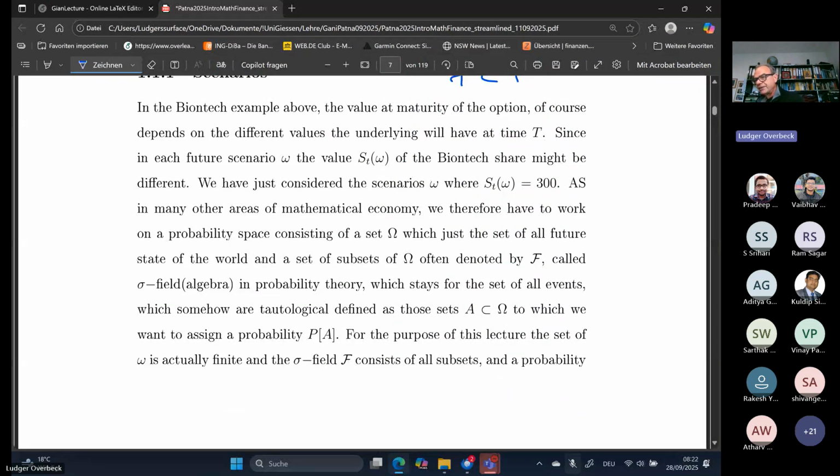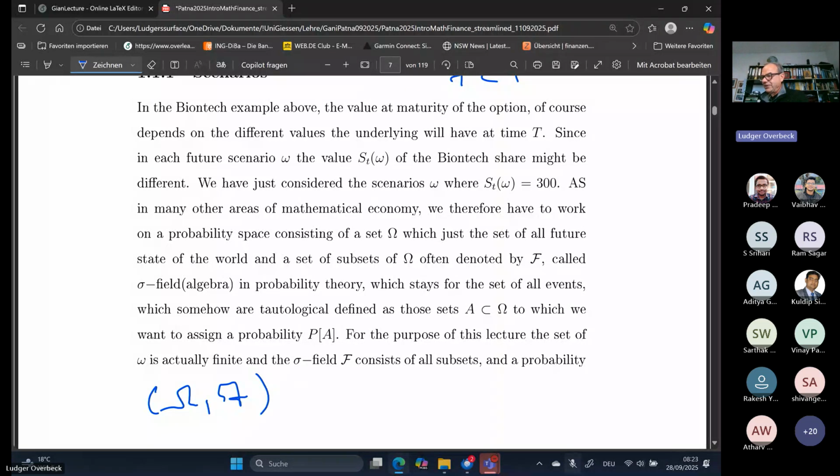In these notes we have considered just two scenarios. The one scenario, we call omega. I don't know how your background in probability theory is, but in probability theory, of course, your probability space is a set capital Omega and a sigma algebra F, usually a measurable space.